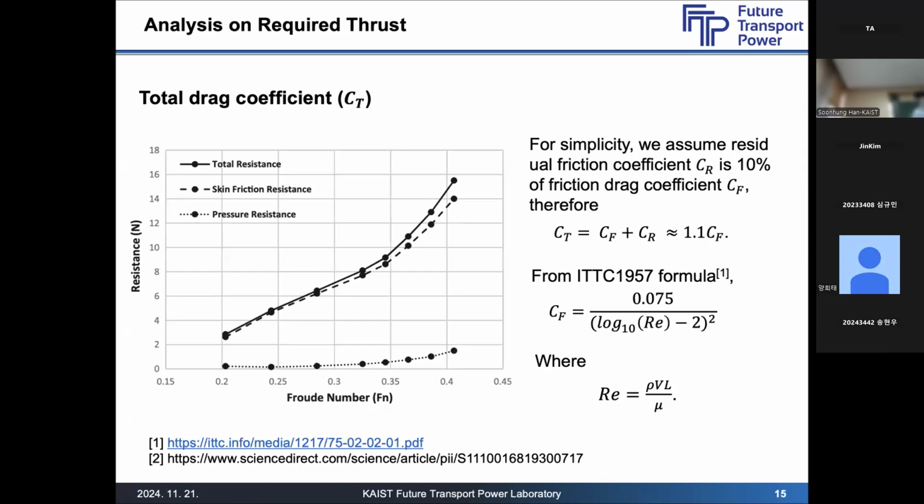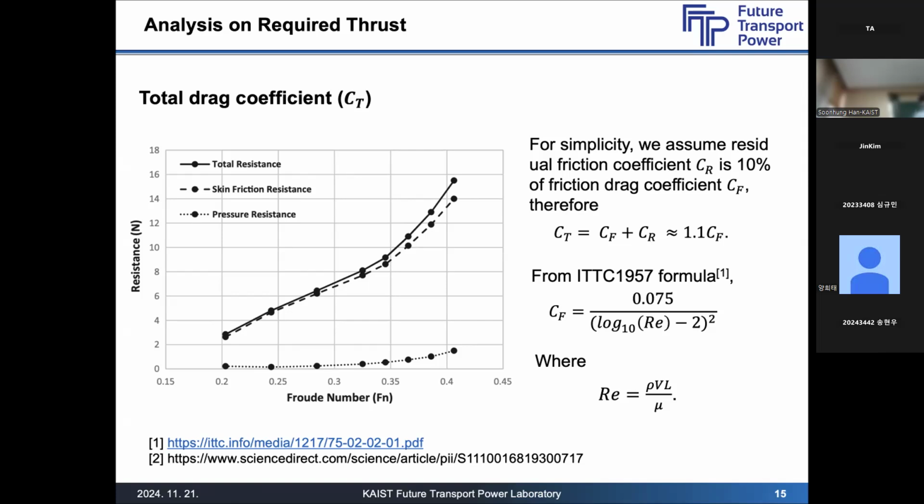First, we're going to start by computing the total drag coefficient, C_T. C_T consists of two components, C_F and C_R, which stand for the friction drag coefficient and the pressure and residual drag coefficient. Since C_F, the friction drag coefficient, takes up a major portion of C_T, we decided to compute the total drag coefficient by multiplying the friction drag coefficient by 1.1.